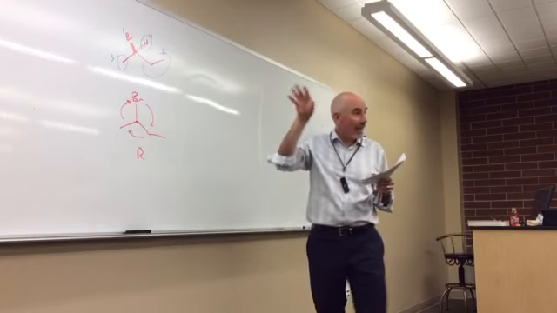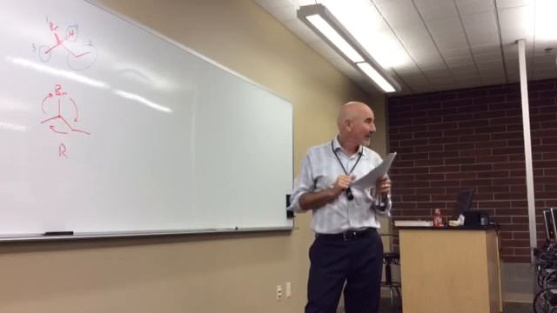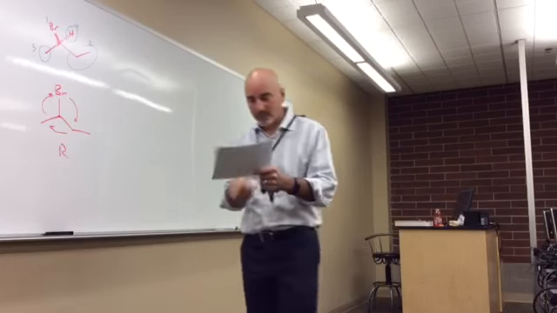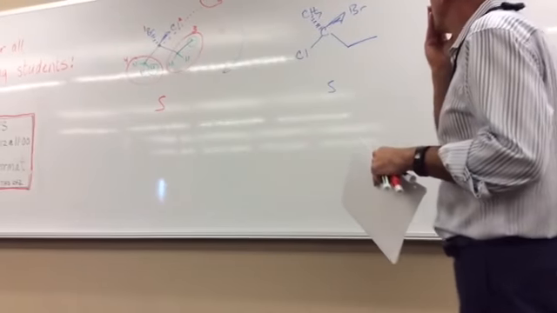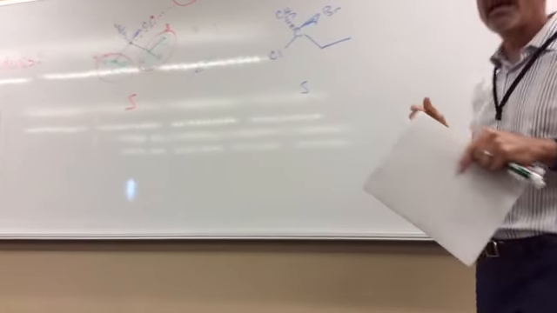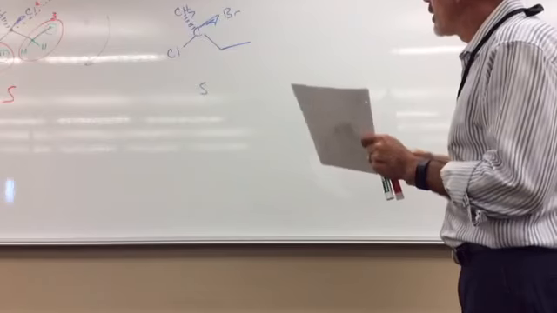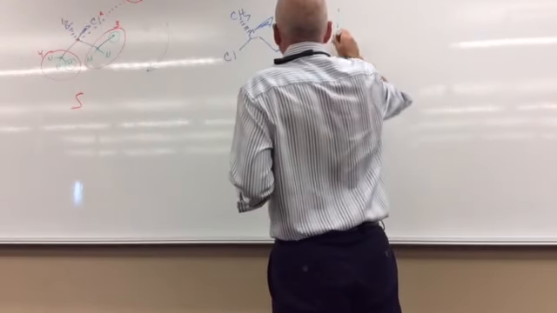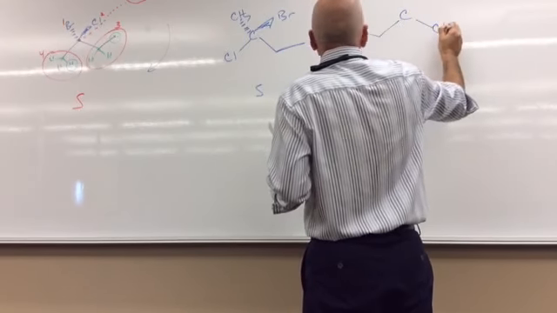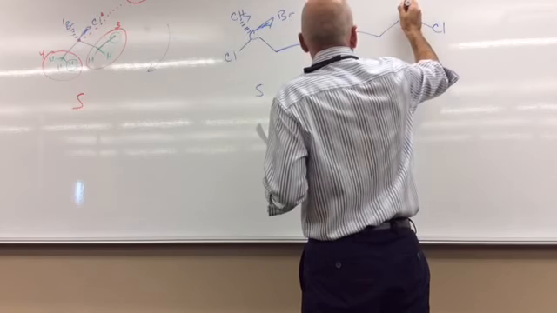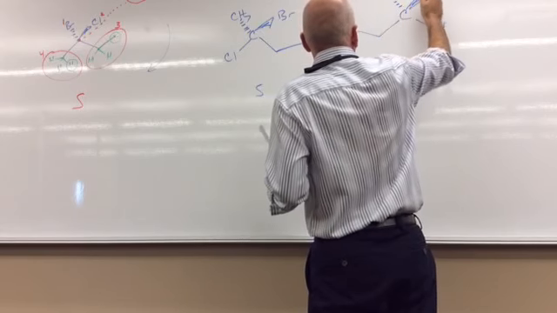All right, I'm just giving you some time to get your head to think about that for a second. You want to draw the mirror image of this. So let's draw the mirror image. I've got a carbon, an ethyl, a chlorine, my CH3 going back here, and my bromine here.